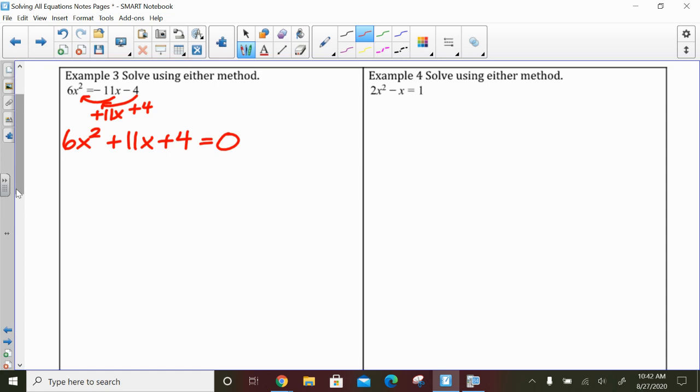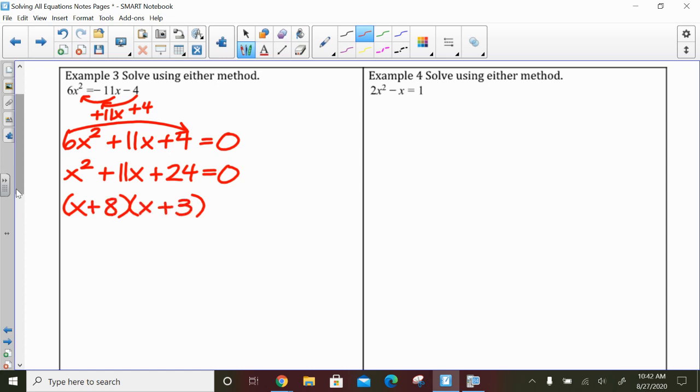Does it have a GCF? It does not. So, bottoms up method. 6 times the 4. So I have x squared plus 11x plus 24 equals 0. Factors of 24 that add to give me 11. That is 8 and 3. Come back and divide by 6 here.